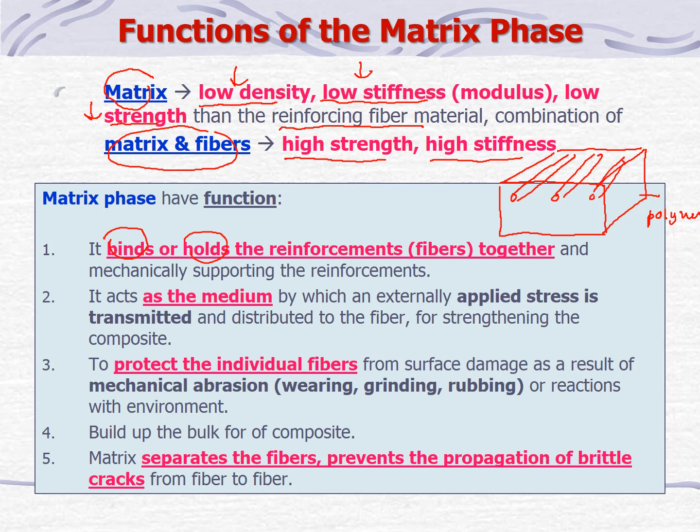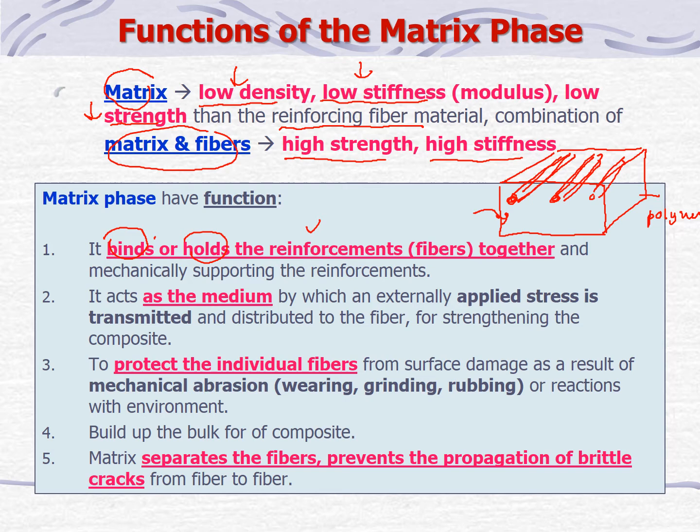So this matrix space will act to bind and hold the reinforcement. The continuous space surrounding the reinforcement is the matrix space, which will bind and hold the reinforcement at that location, position.